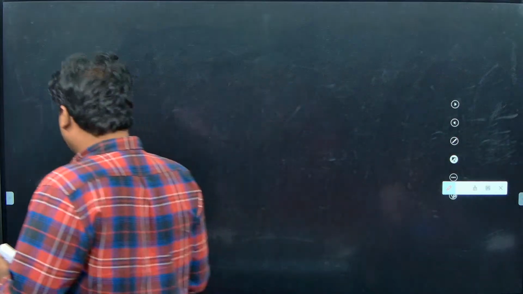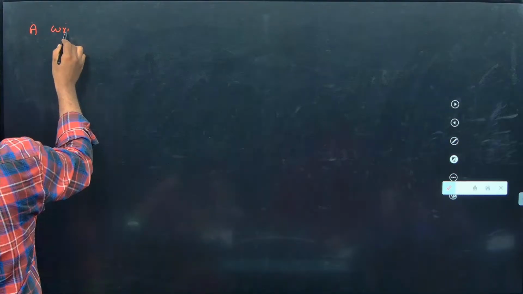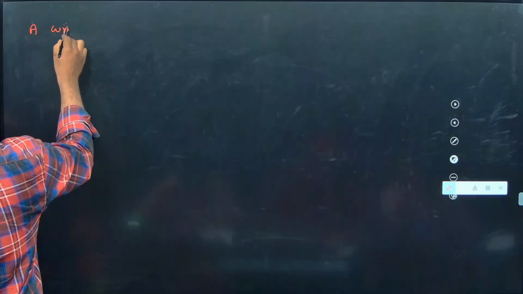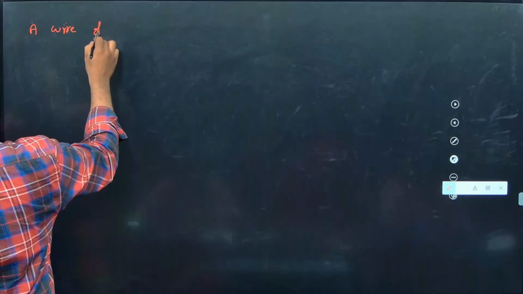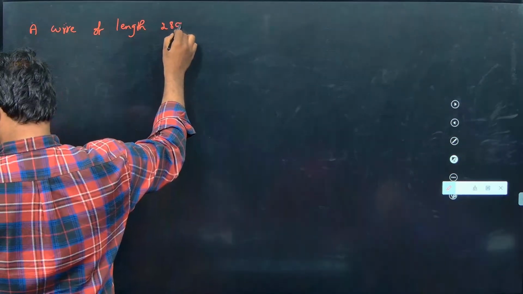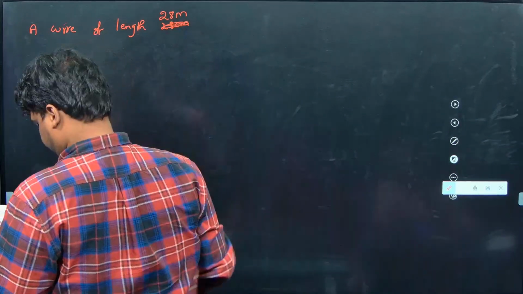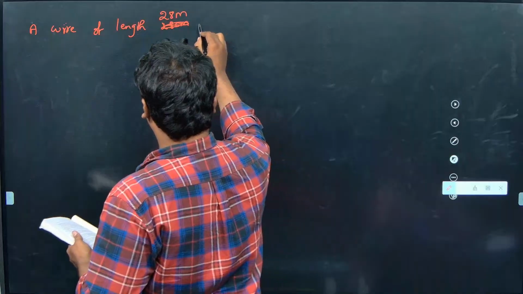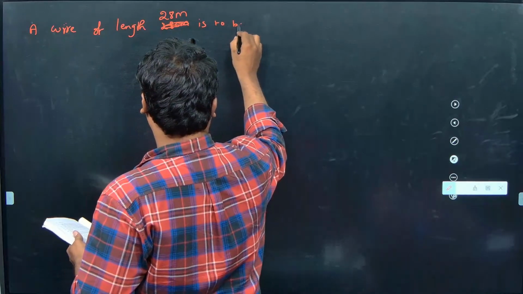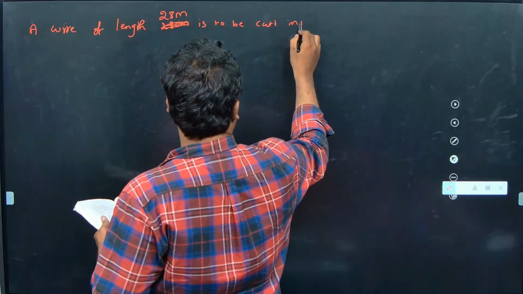Guys, another super question. Once again, I have seen this same question in the State Board book. The wire of length 28 meter is to be cut into 2 pieces.